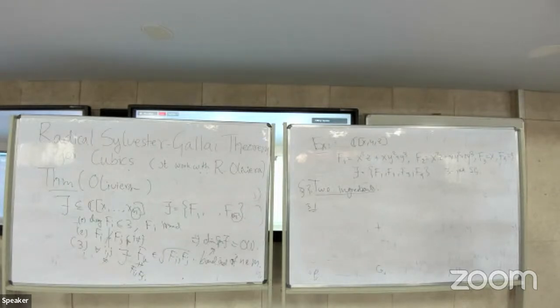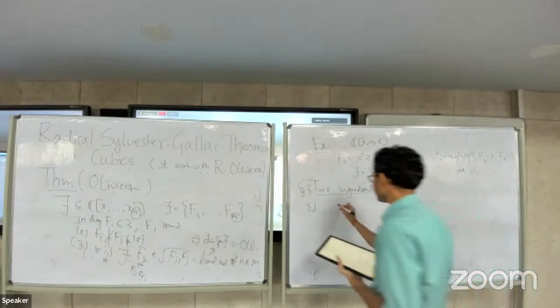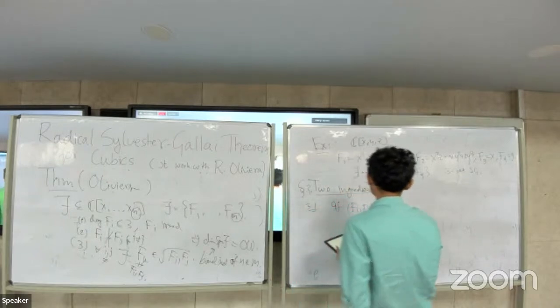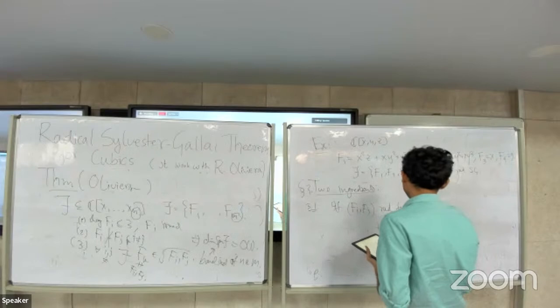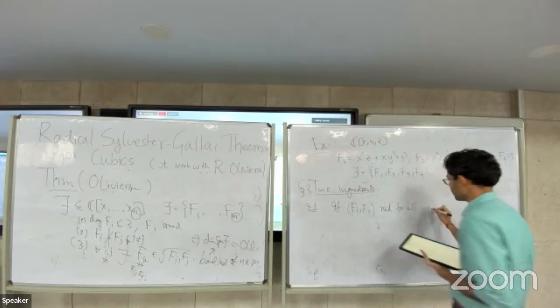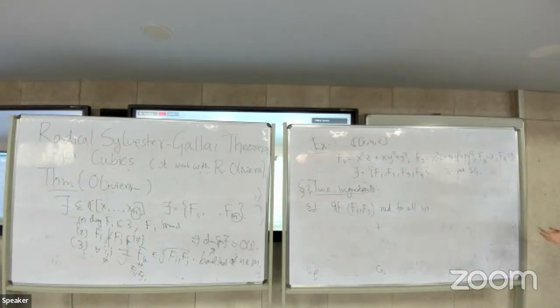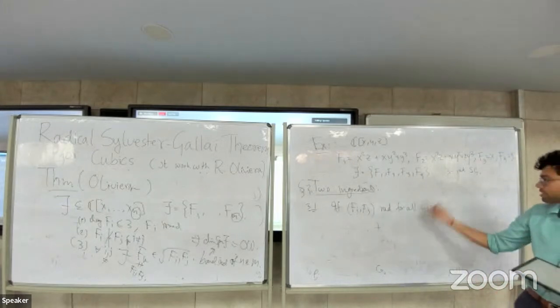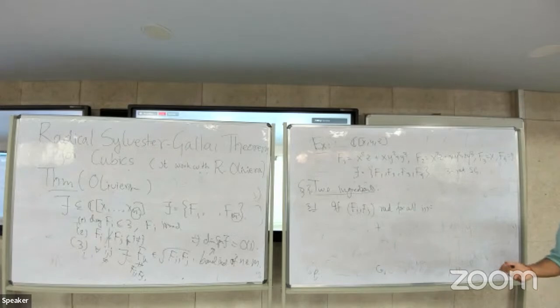Then we know from the classical result a bound on linear Sylvester-Gallai. So suppose (Fi, Fj) is radical for all i, j. I mean, this does not happen, but if this happens, then let's see what happens.